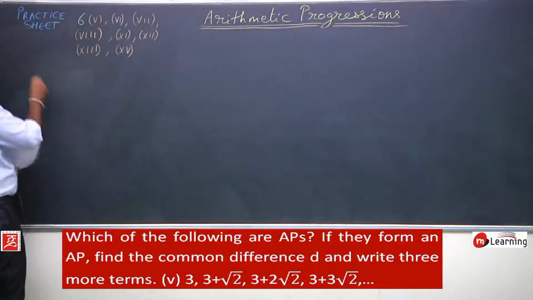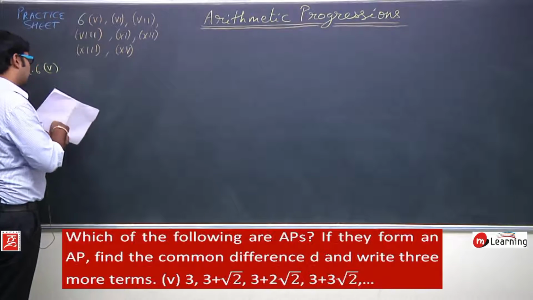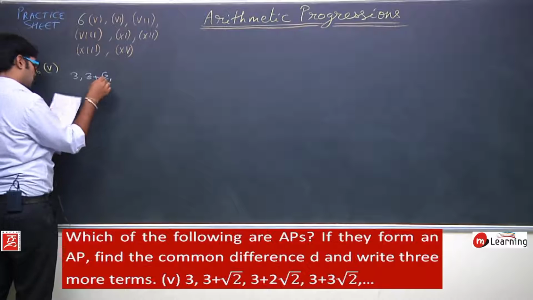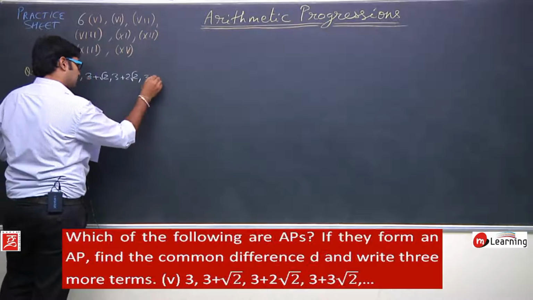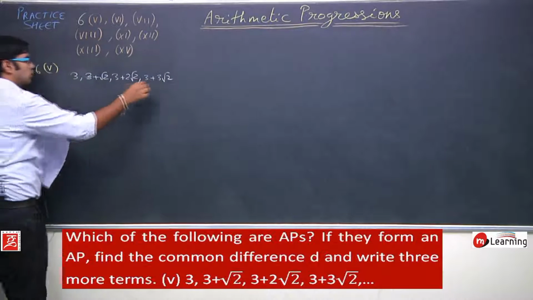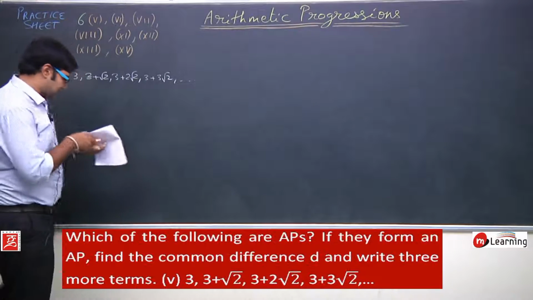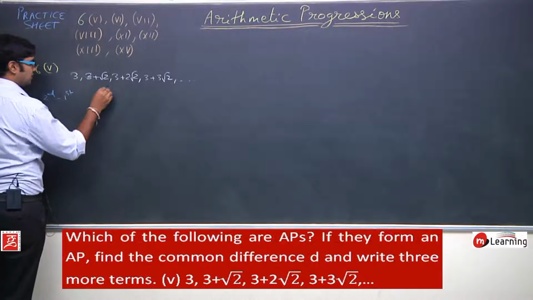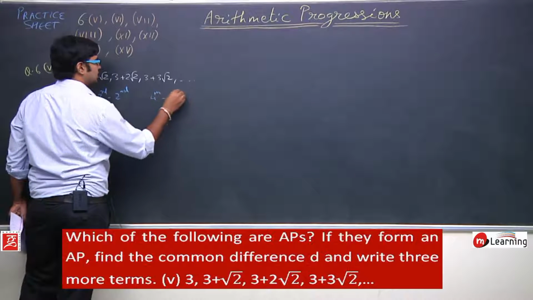The sequence given in the fifth part is 3, 3 plus root 2, 3 plus 2 root 2, 3 plus 3 root 2 and so on. Now, I want to check whether this is an arithmetic progression or not. What I am going to do is simply write second term minus first term, then third term minus second term, then fourth term minus third term.